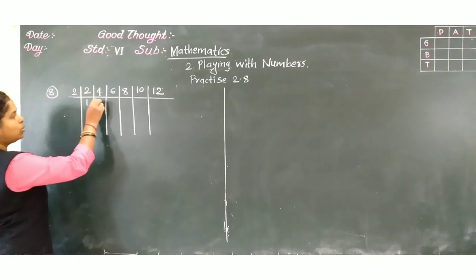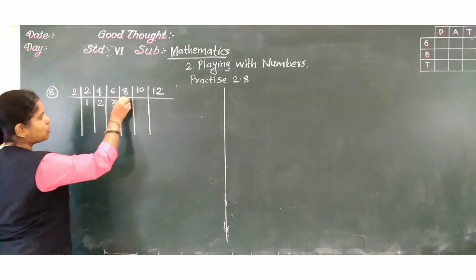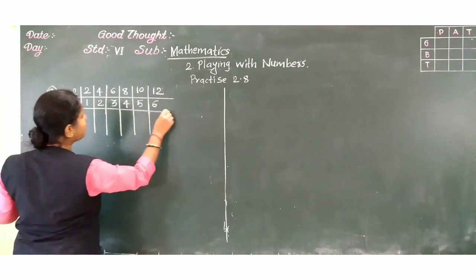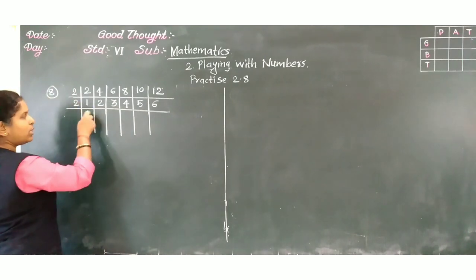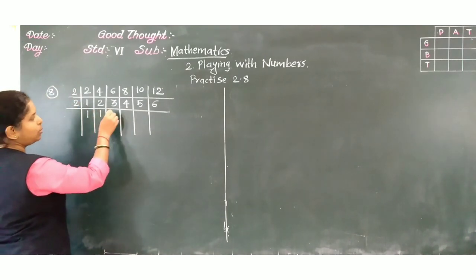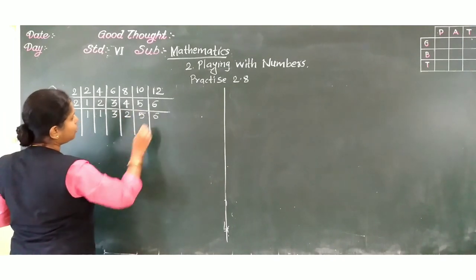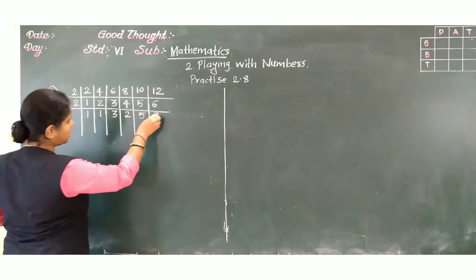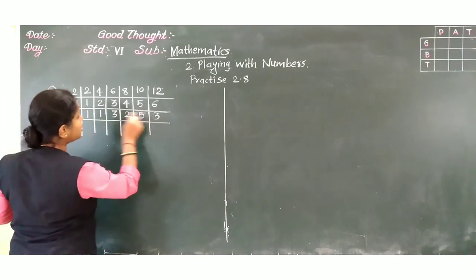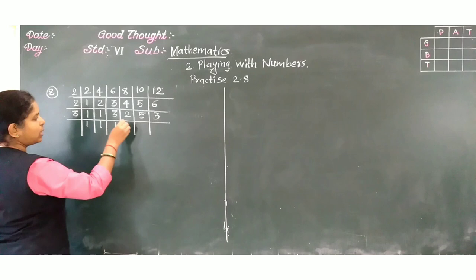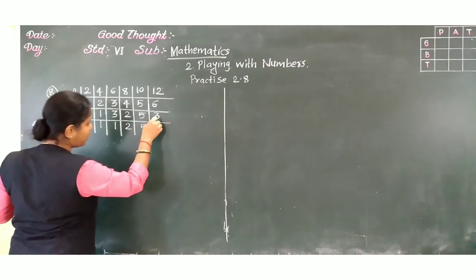2 1s are 2, 2 2s are 4, 2 3s are 6, 2 4s are 8, 2 5s are 10, 2 6s are 12. Again I will divide by 2. 1 will remain as it is, 2 1s are 2, 3 will remain as it is, 2 2s are 4, 5 will remain as it is, 2 3s are 6. Now again see, 3 is divisible by 3. So 3 1s are 3, 5 remains, and 3 1s are 3.